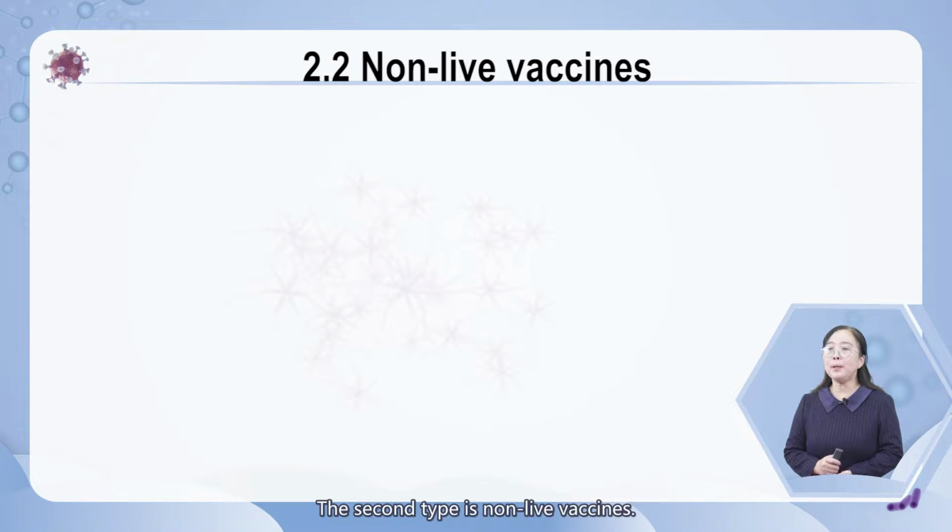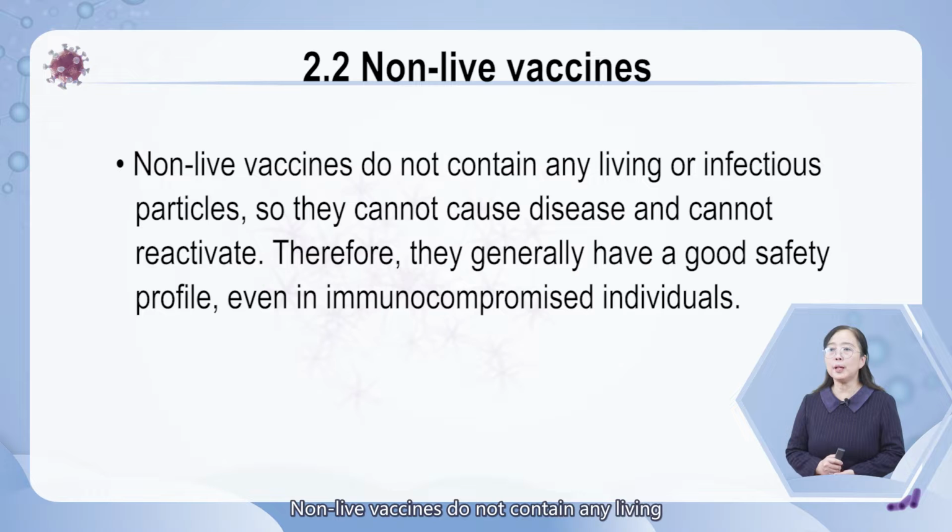The second type is non-live vaccines. Non-live vaccines do not contain any living or infectious particles, so they cannot cause disease and cannot reactivate. They generally have a good safety profile, even in immunocompromised individuals.